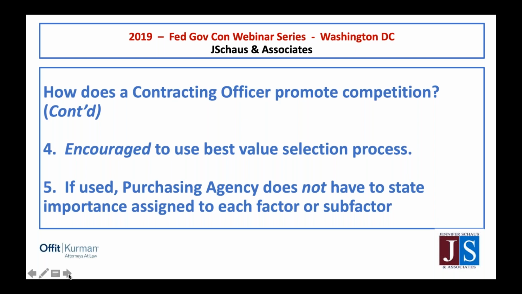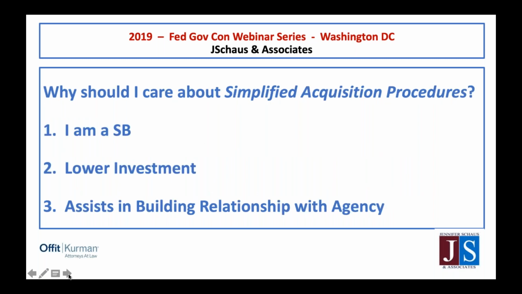And Mallory, if you can advance the slide. Because if you are a small business, you have a lower investment, and that's one of the biggest factors in terms of why you should consider participating in the SAP process.